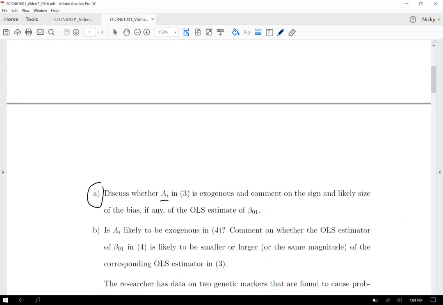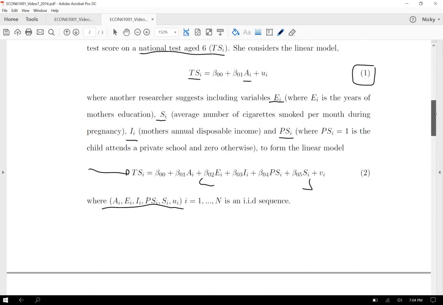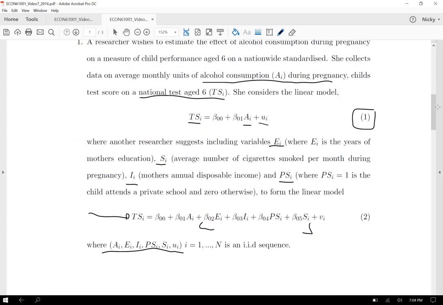So from the first regression, we know from the OLS assumption that exogeneity would be when A_i is uncorrelated with U_i. If this were the case, then we know that the OLS regression would be unbiased and consistent, and beta naught 1 would reflect the exogenous effect of a change in alcohol on test scores.